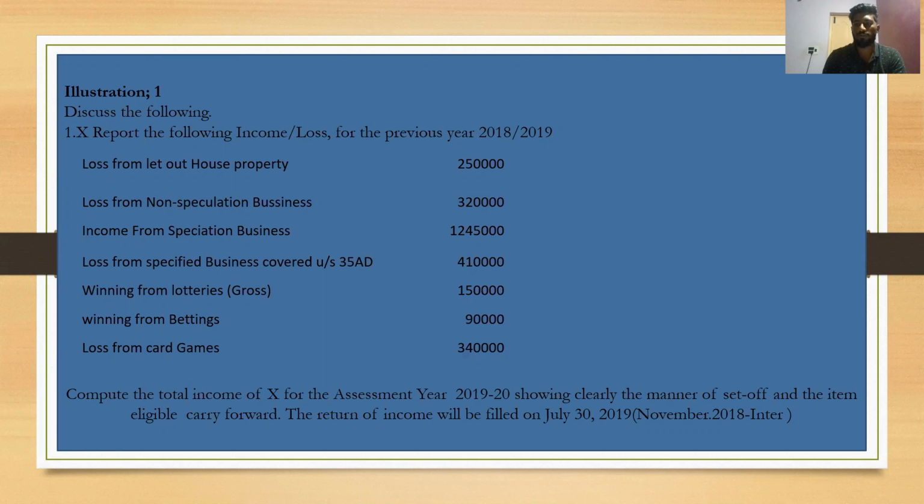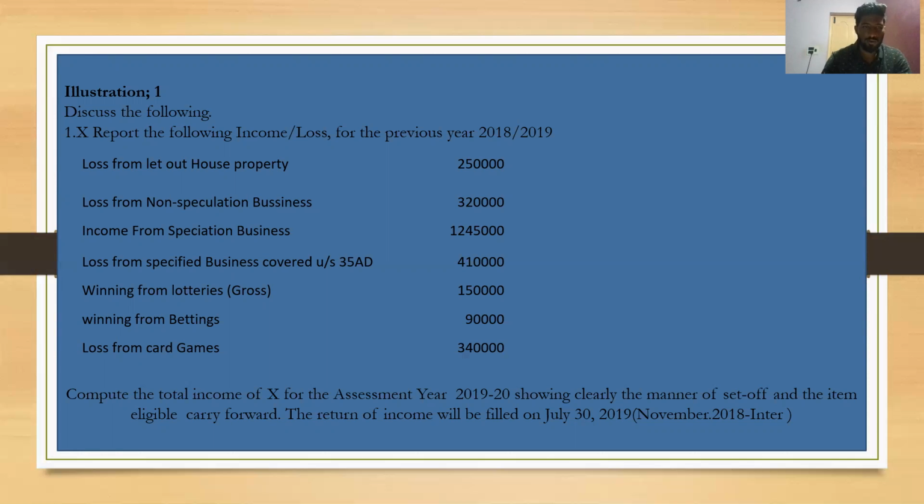This is the illustration from the Chartered Accountants examination, so it gives you a basic knowledge of set off and carry forward of losses, having all the adjustments. Then we'll go with the solution.